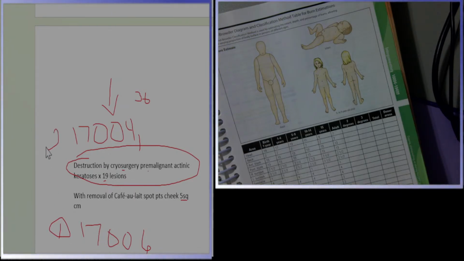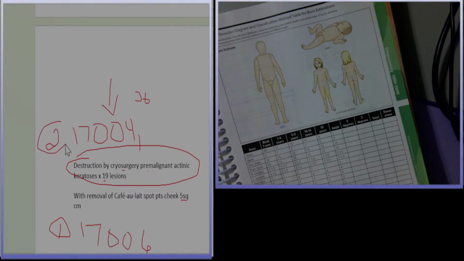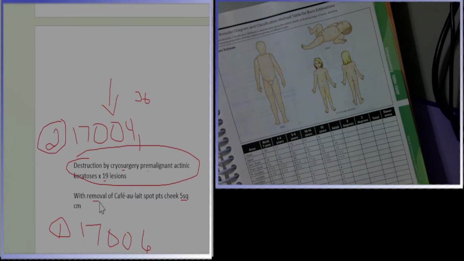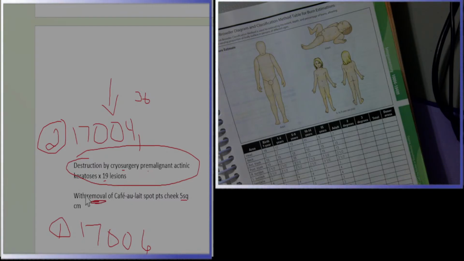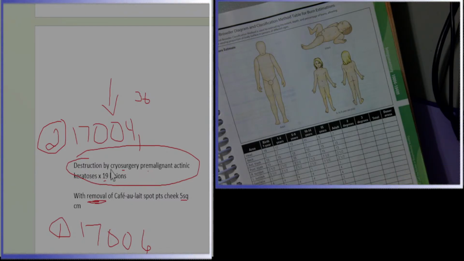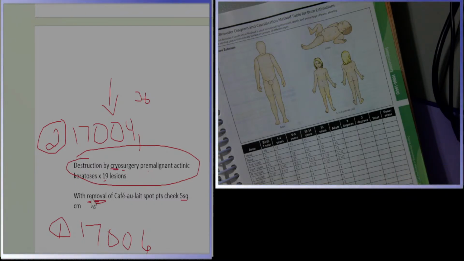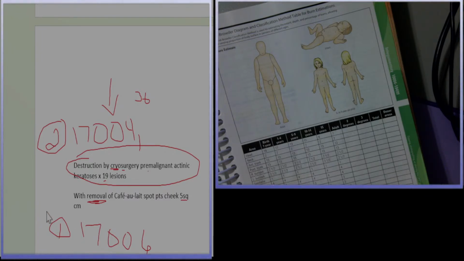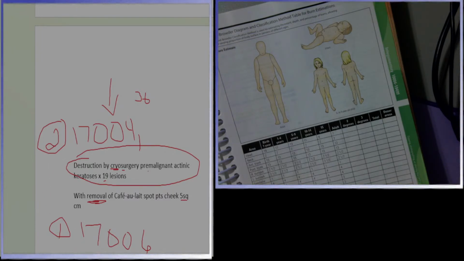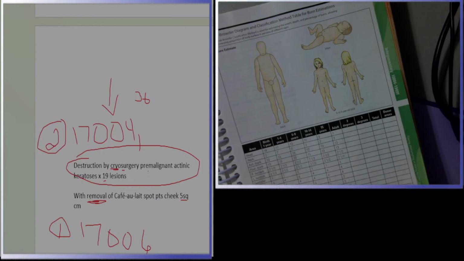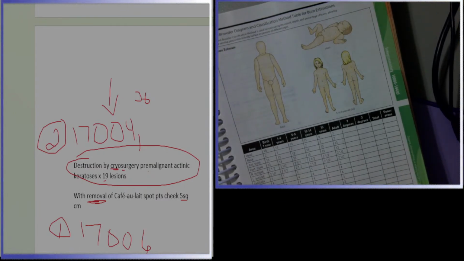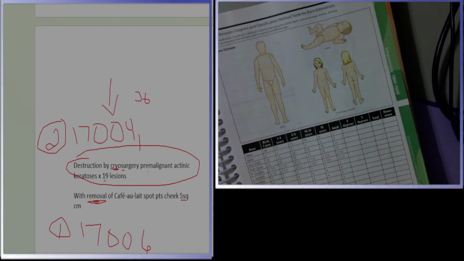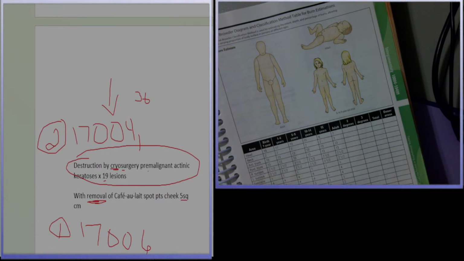This one would be our second code because a removal is more extensive than cryotherapy, just freezing something on somebody's skin. So this one would be primary. This one would be secondary code. I didn't think about that when I was writing up these questions. But hopefully that's helpful for you guys.